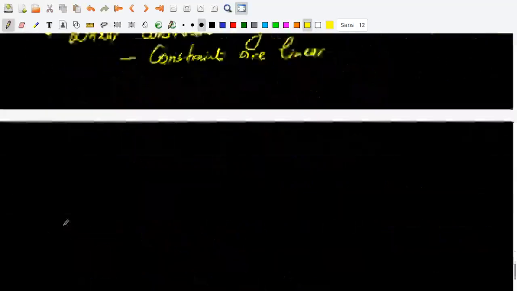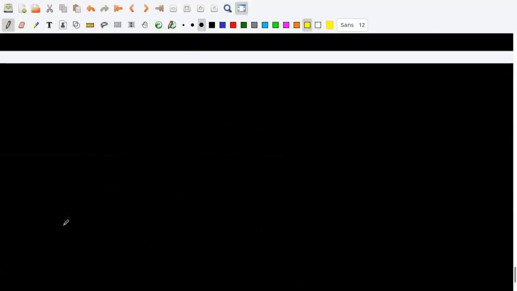So before we end discussing this chapter, there is one more terminology, which is the term for active and inactive constraints.